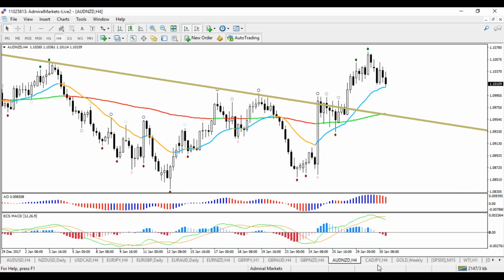I'm not a big fan of this currency pair, just like the euro pound, but if it makes a bull flag, it could be interesting.